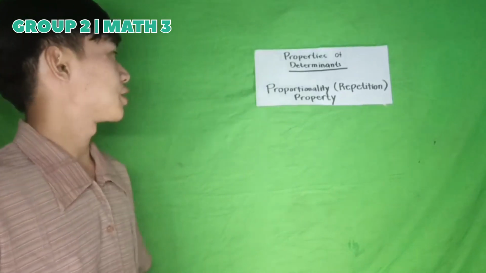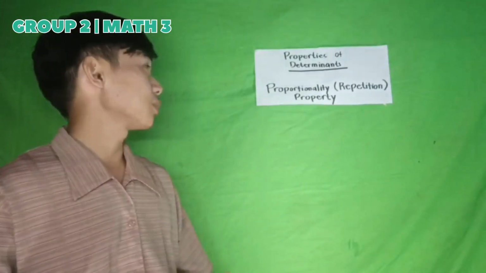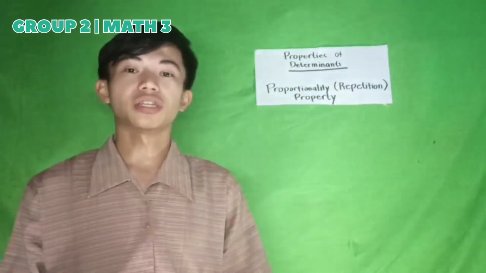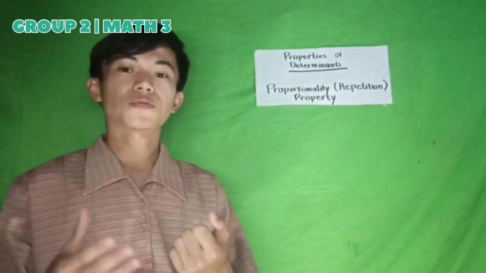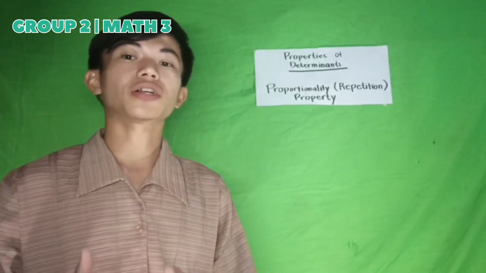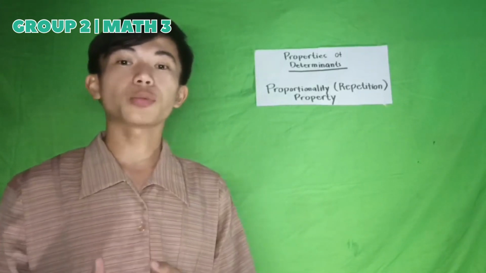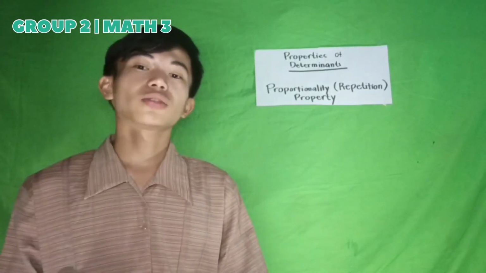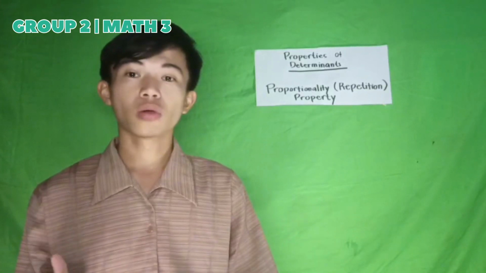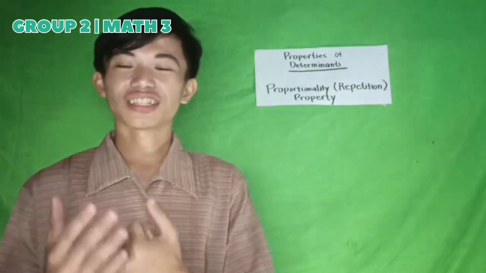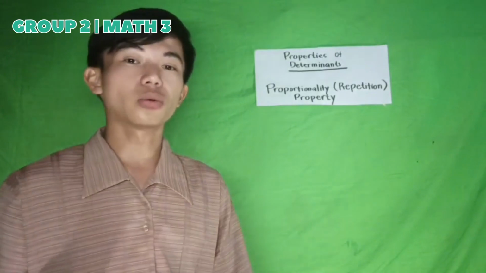Properties of determinants. Proportionality or repetition property. It is defined as: if all elements of a row or column are proportional or identical to the elements of some other row or column, then the determinant is 0.